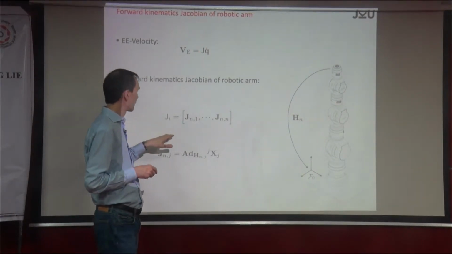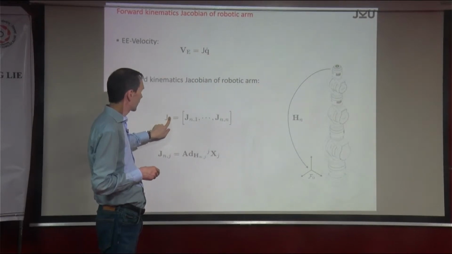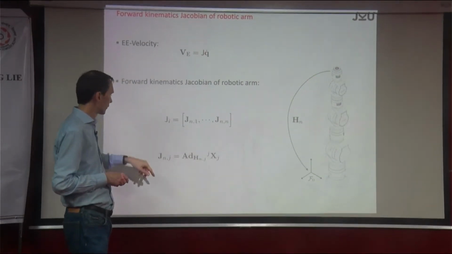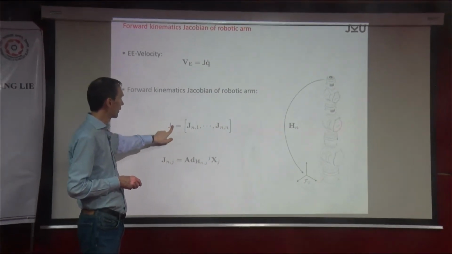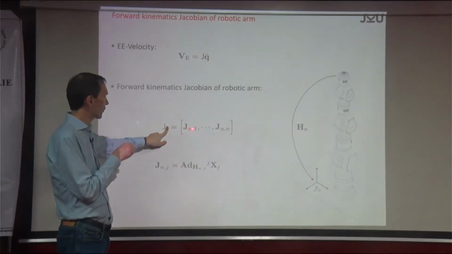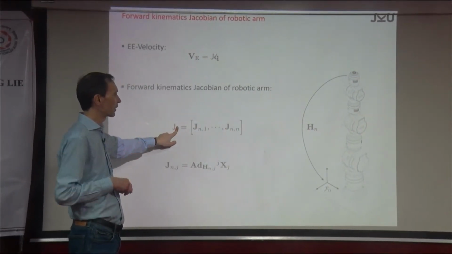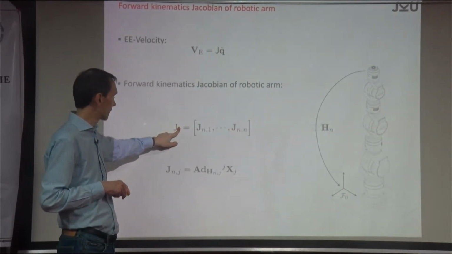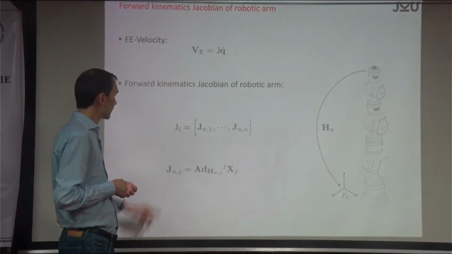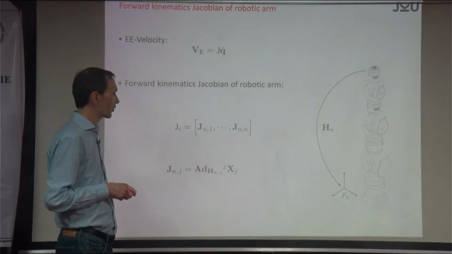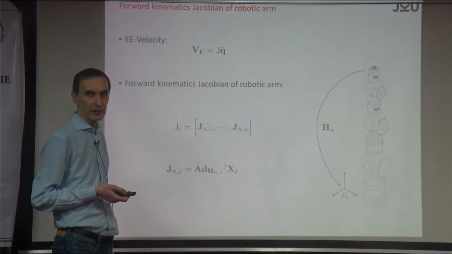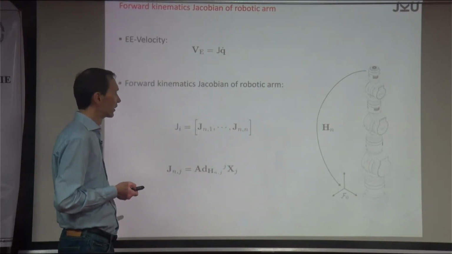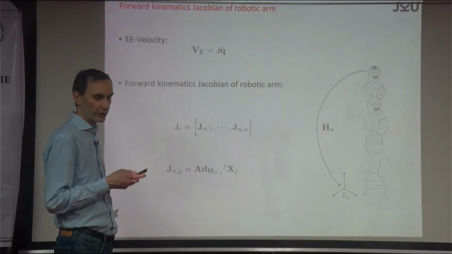Then this all goes up to n, so we have all the n columns in there, and these are just the instantaneous screw coordinates of the individual joints, and that's it. This is what you find in many textbooks as the forward kinematics, the geometric Jacobian of a robotic arm. Okay, there we are.